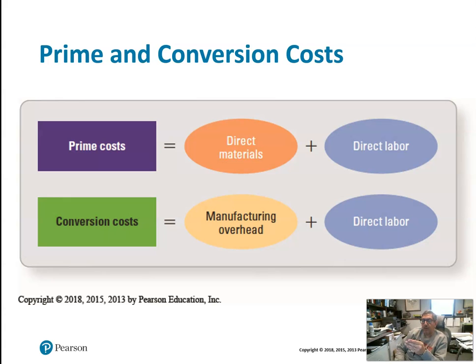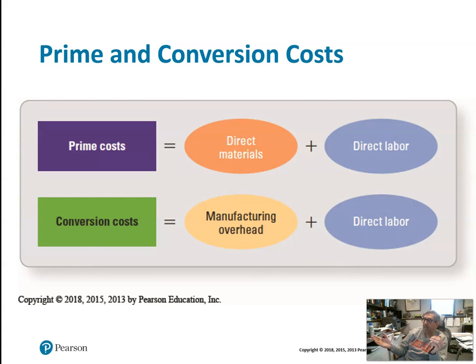On the other hand, if we want to look at production costs where we don't take into account the direct materials, because we know that the materials themselves are direct and that they're going to go to each and every product, what we really want to know is how much does it cost us to convert those raw materials into the good that we ultimately sell.